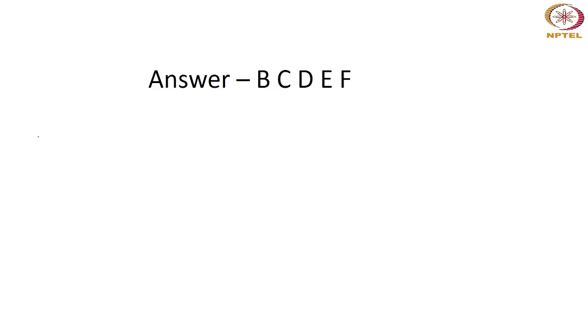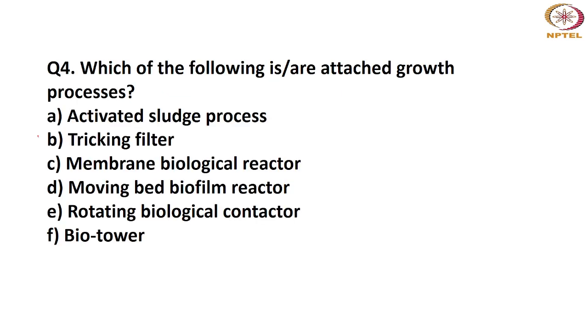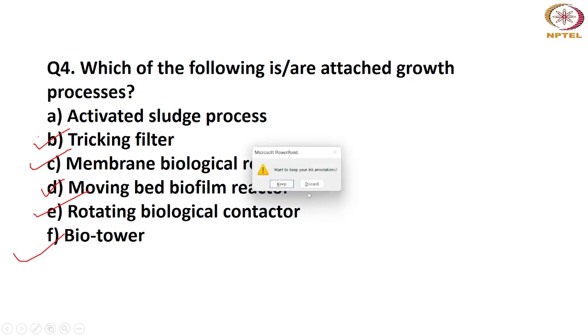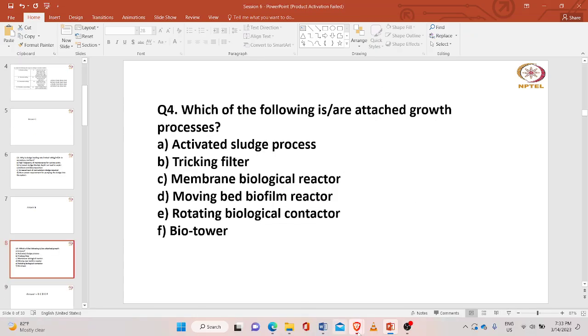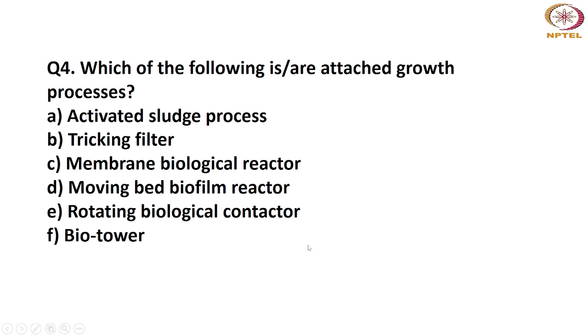So the correct answer is B, C, D, E, and F. For B, this is the trickling filter.